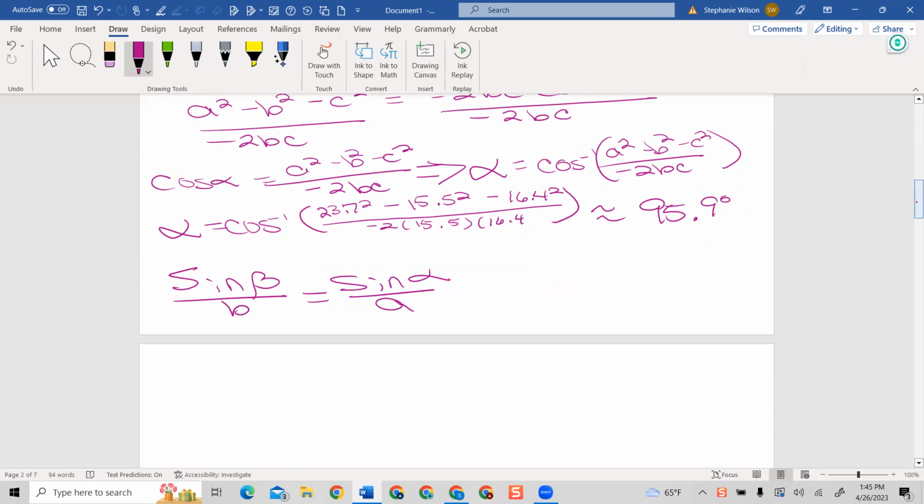I'm gonna say, cross multiply the B. Now I got sine of beta is equal to B sine of alpha over A. And then we're going to take its inverse of the sine. Okay, take the inverse of the sine.